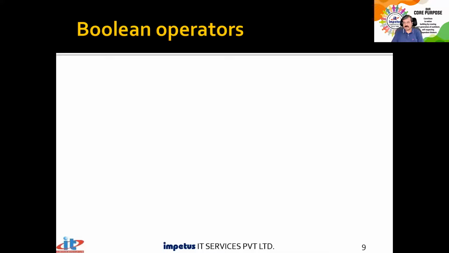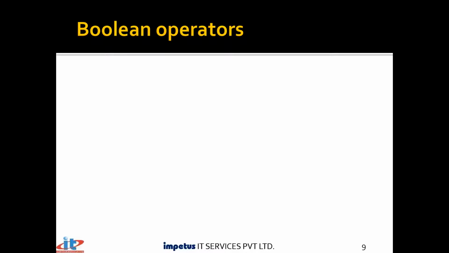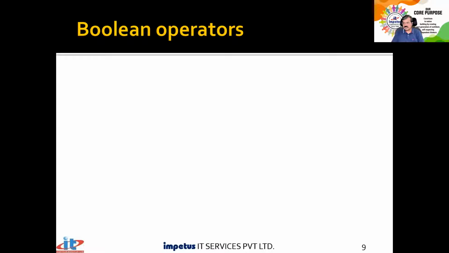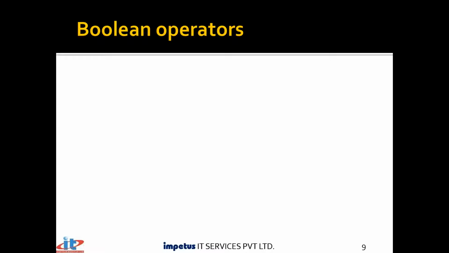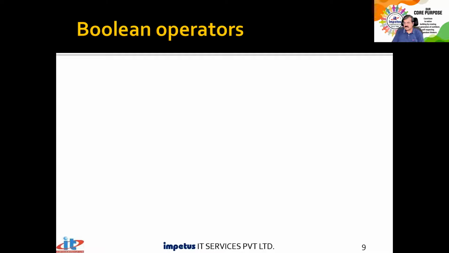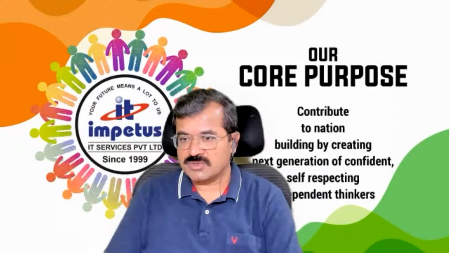Here we go. Can you see the screen? Yes. What do you see on the screen? Boolean operators. Only that much, or do you also see yourself on the screen? No, only that. Okay. What has happened is that today, since there is some setting issue, I can see two screens.